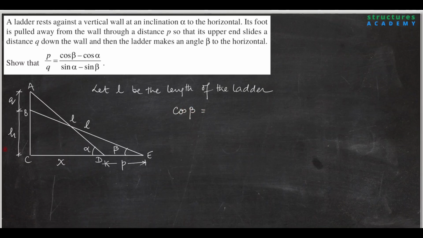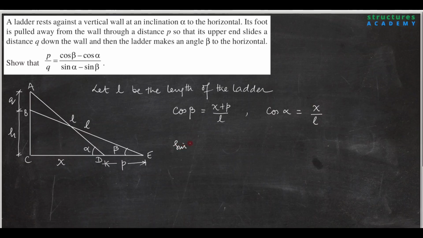If you look at this triangle right here, cos beta is adjacent, which is x plus p, over hypotenuse, which is L. So cos beta is x plus p over L, and cos alpha, which pertains to the smaller triangle, would be adjacent is x and the hypotenuse is L. So cos alpha would be x divided by L.